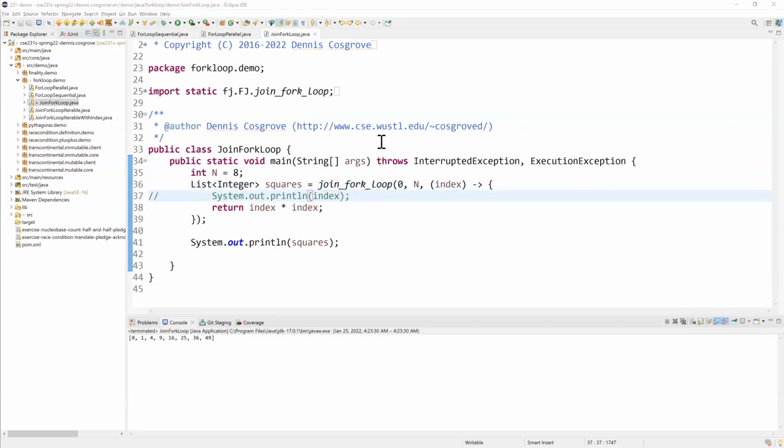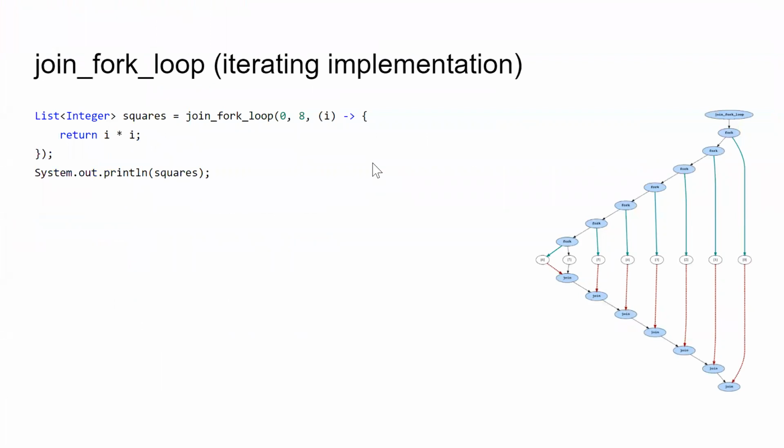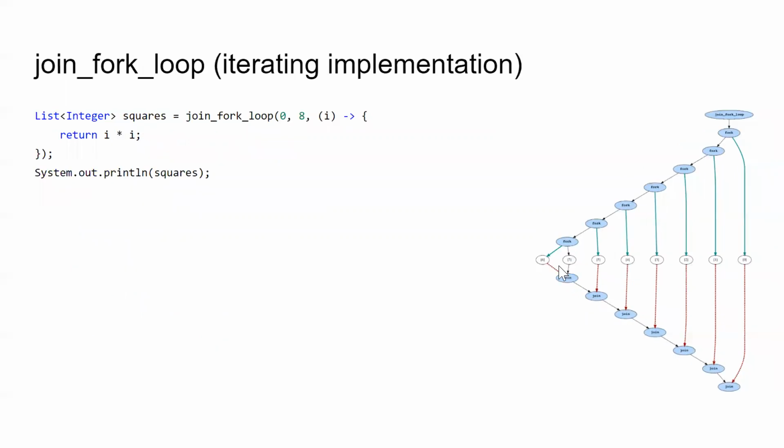The other thing we'll talk about really quickly is what the computation graph can look like. It's up to the system to decide how it wants to fork these tasks. It could run through the for loop and just generate them just like the for loop that we made here. It could decide to do a continuation on the last one it wanted or not. That's not as much of a big deal.